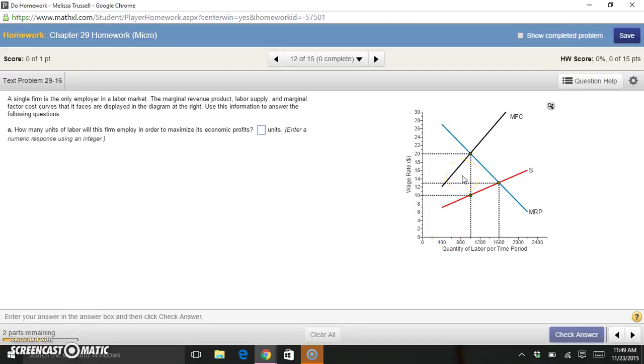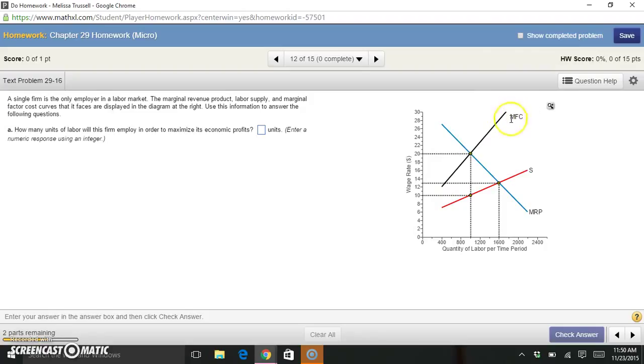So in a labor market, just like in a product market, we want to set our quantity at a place where marginal revenue equals marginal cost. And remember, for a factor of production, like in this case labor, because labor is a factor that we use to produce, just like capital or land, the marginal cost is just the marginal factor cost.